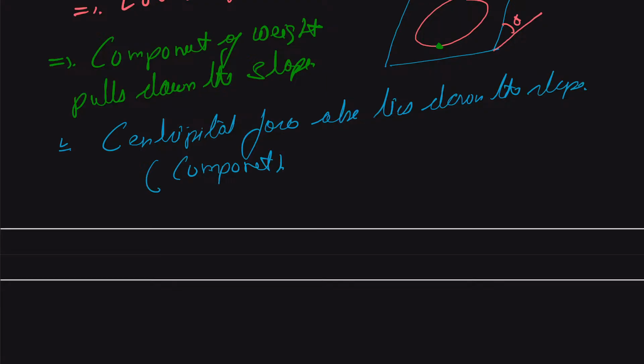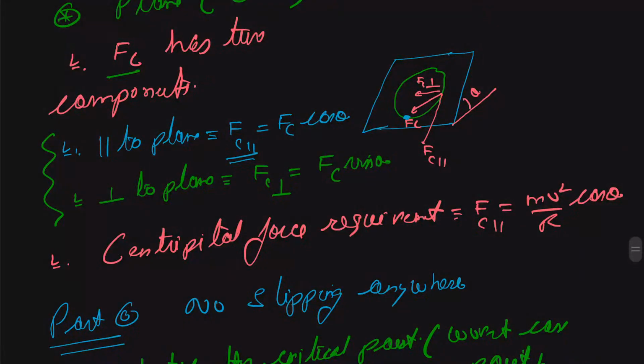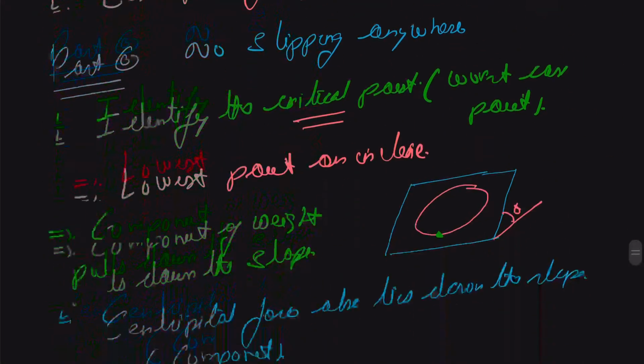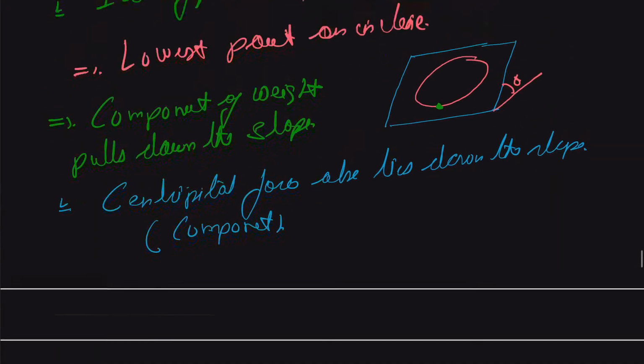And we just said that the centripetal component will always be the parallel component acting toward the center, and therefore we have the component of weight that will be down the slope.